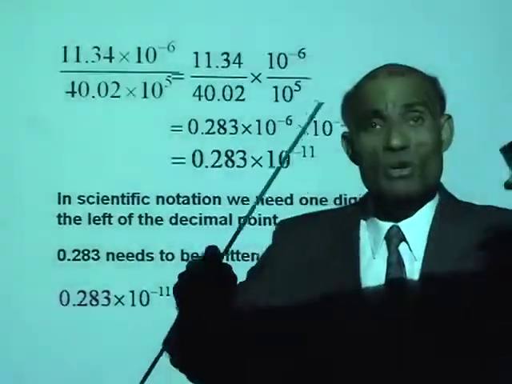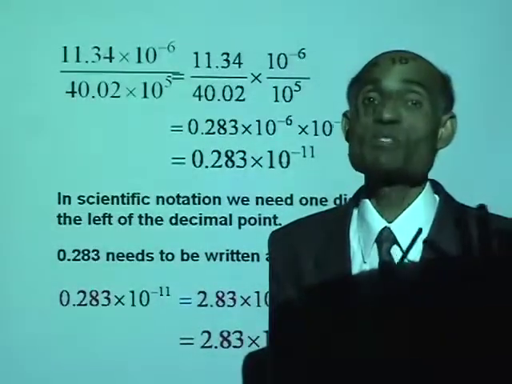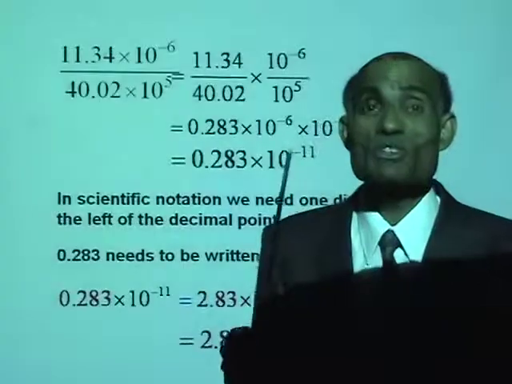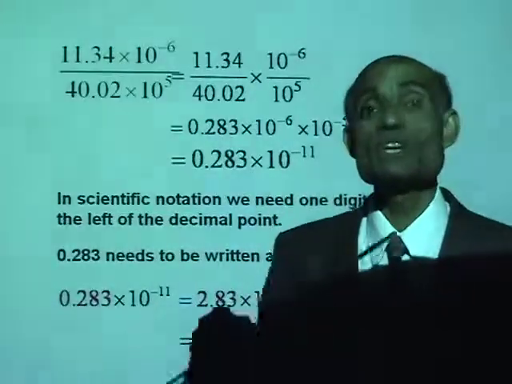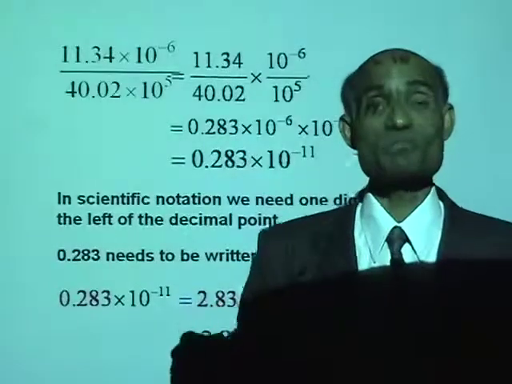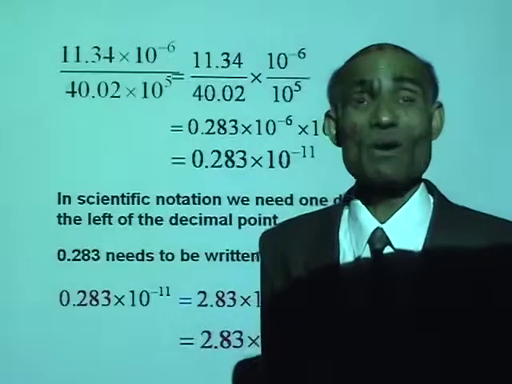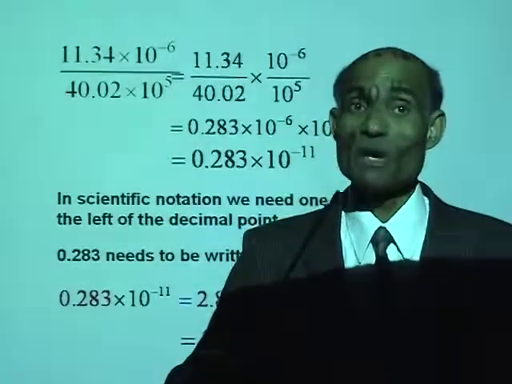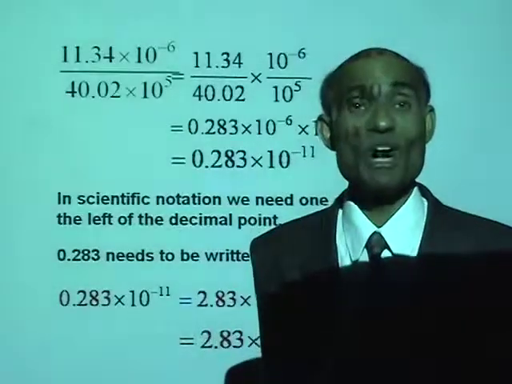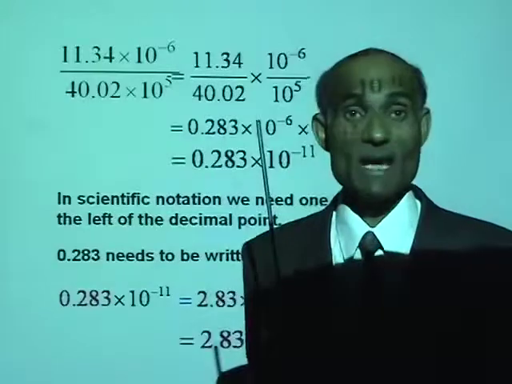Alright, now this concludes the 3 lessons that we dealt with: exponents, the operations on exponents, and finally using the rules of exponents to simplify numbers in scientific form. I want you to practice this, do your homework, and of course do the quiz on this, and make sure that your skills are all up to date.